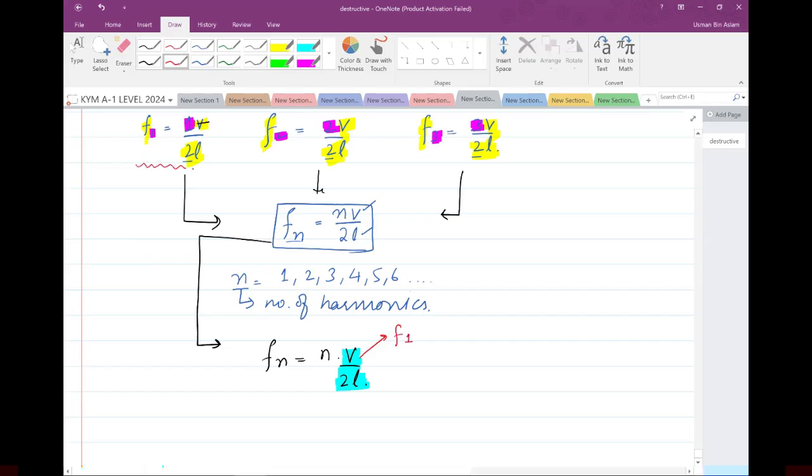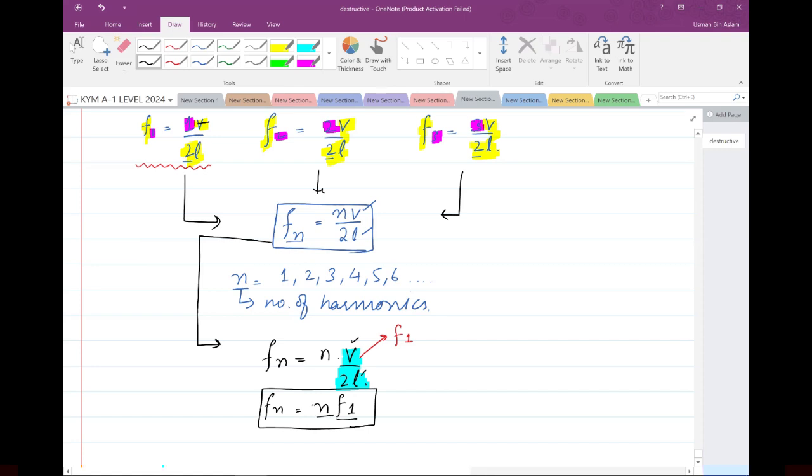Isn't that equal to the frequency of the first harmonic? Of course it is. So I can write the general formula to be Fn equals n times F1. That means you can eliminate constantly using V and L. V and L are also constant. So you just divide V by 2L. That was the frequency of the first harmonic.